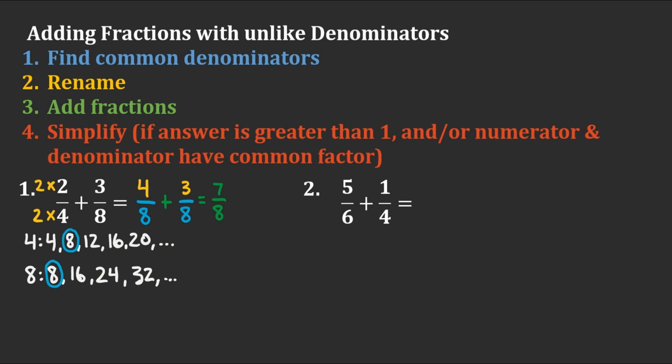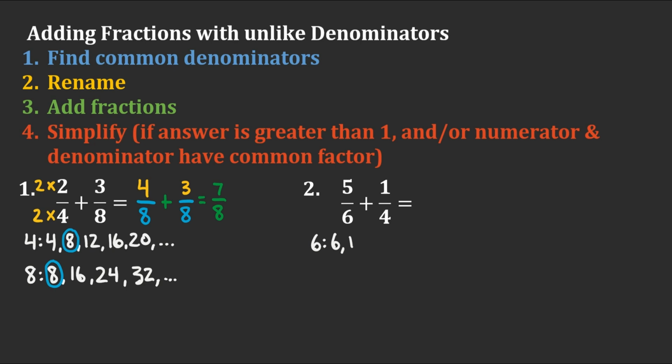Now the second problem is slightly different than our first, but we can proceed through the same steps. Okay, we see our problem 5/6 plus 1/4. Hopefully before we start adding, we recognize that we do not have common denominators, and so we need to find common denominators. Now, just like before, we have our 6 in one denominator.